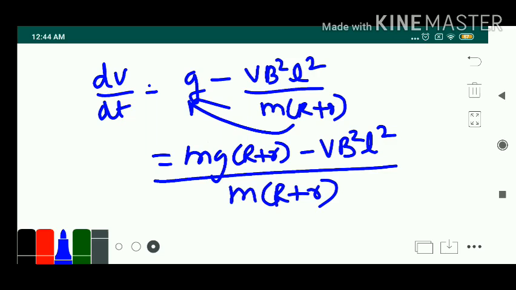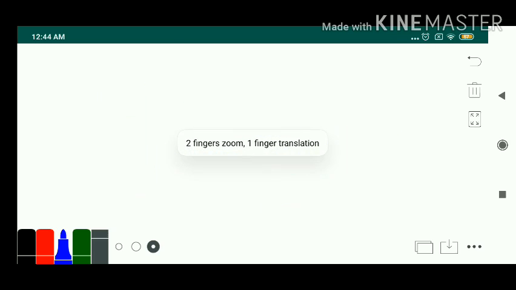Just like the previous case, bring the terms which contain v to one side. So this numerator has v content, so I'm going to bring that downward and dt upwards, just like cross multiplication. So I'm going to write it as an integral. Suppose initially the rod was at rest, so the initial velocity will be 0, and say the new velocity is v. Suppose they had given an initial velocity, then that should be written over here.